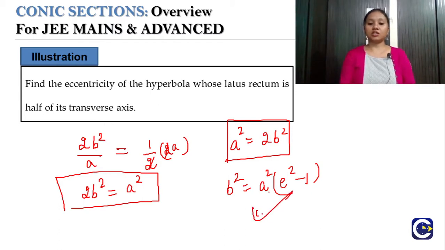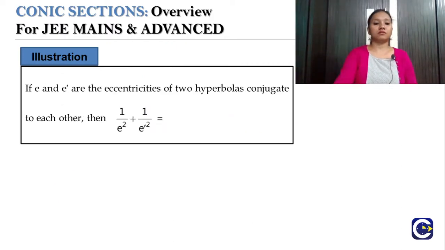I'll just give you the answer, you can check it later. It is root over 3 by 2. So root 3 by 2 will be the eccentricity of the hyperbola for this given information.